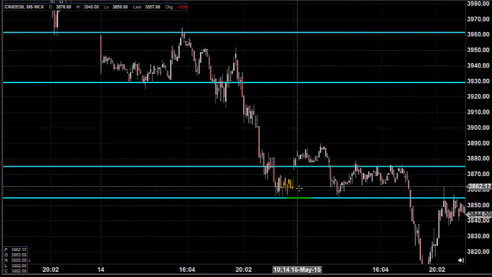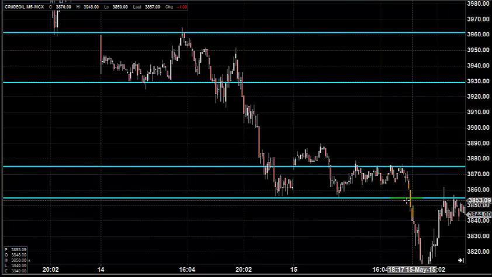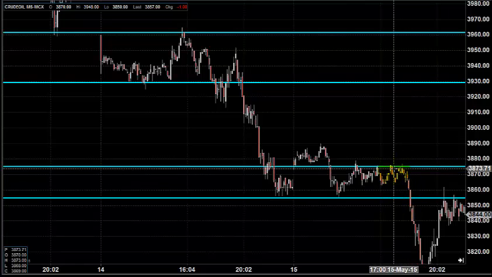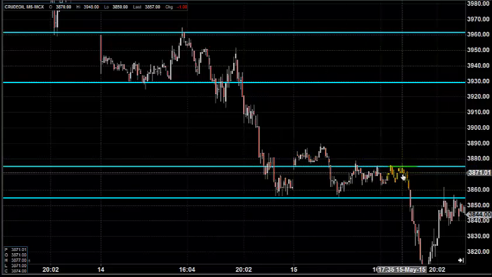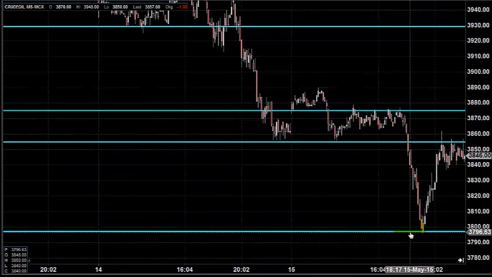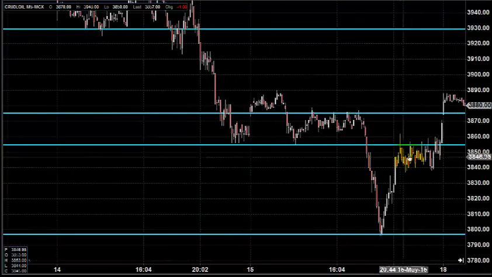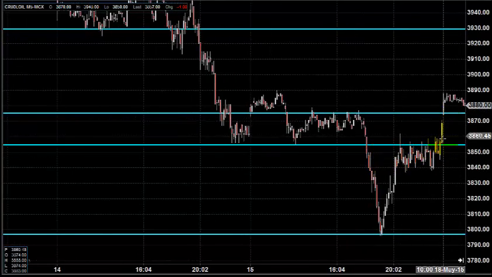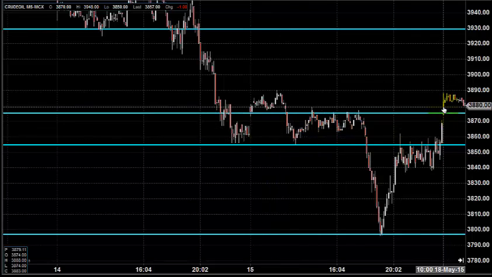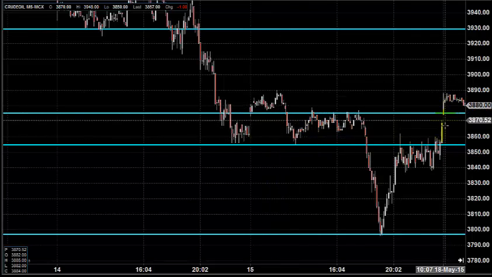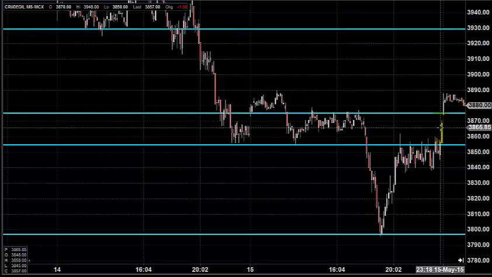The next day the price broke 3860, creating a resistance of around 3870. Here you could see the price created a resistance and came down till 3790, where it got a bounce back, finally closed around 3870.